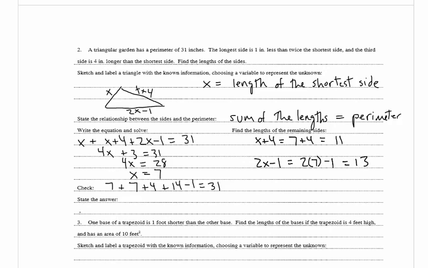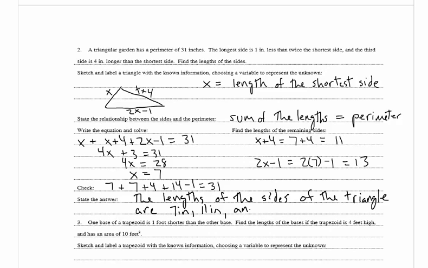So now it wants us to state the answer. So we could say that the lengths of the sides of the triangle are 7 inches, 11 inches, and 13 inches.